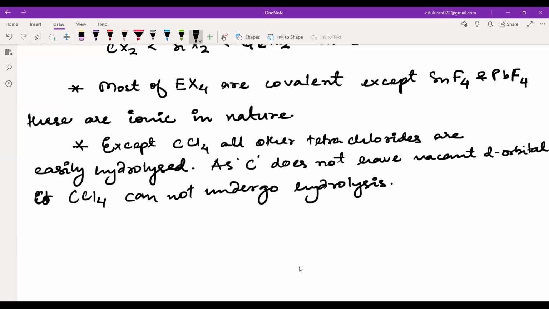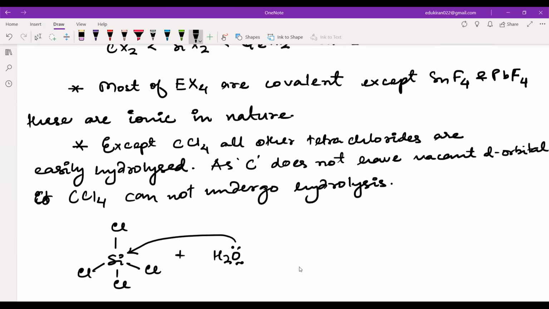So in hydrolysis, what happens? Let's take the example of silicon because silicon can get hydrolyzed. SiCl4 plus H2O. The oxygen has a lone pair, and silicon has some vacant d orbitals, so there will be an attack of the oxygen on the silicon.